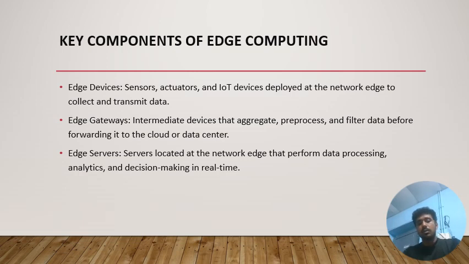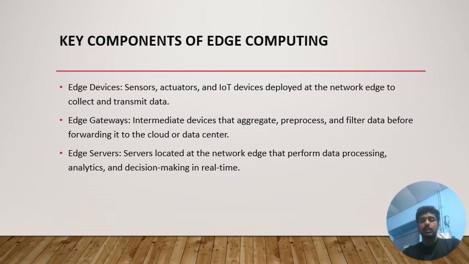Let's discuss the key components of edge computing. What are the key components of edge computing? There are three: edge devices, edge gateways, and edge servers. Edge devices consist of sensors, actuators, and IoT devices deployed at the network edge to collect and transmit data.